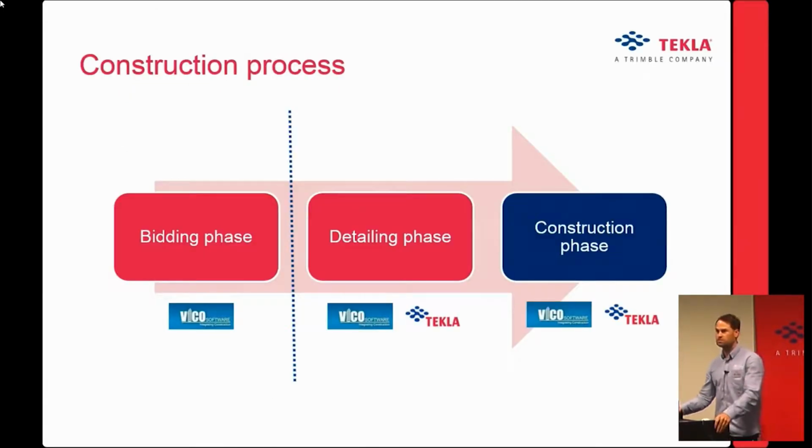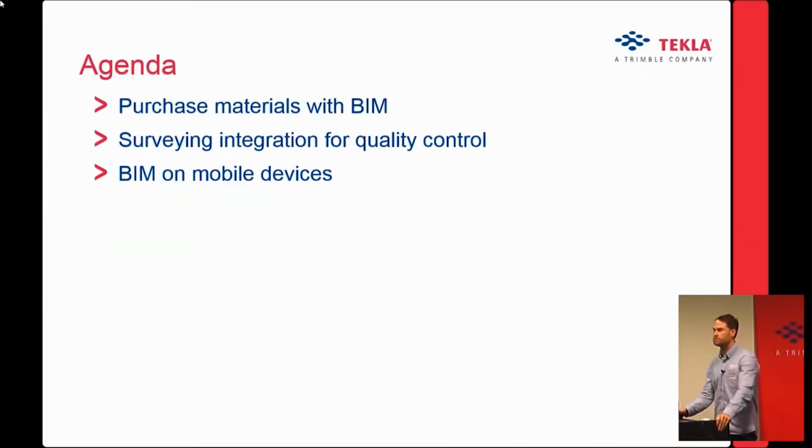Next phase, construction phase, and how we can use BIM models on the project, on site. There are three different topics. First is how to get the quantities and purchase the material with the BIM model.